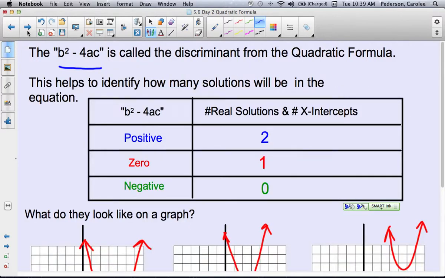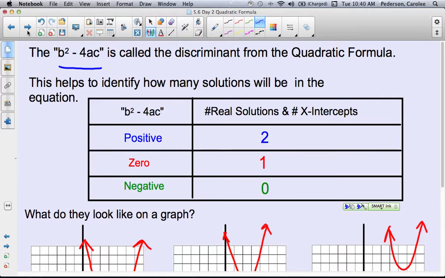There's three different scenarios. If you get a positive discriminant, so let's say when you reduce it down and your radical is a positive number, you'd have two real solutions or two x-intercepts on your graph.